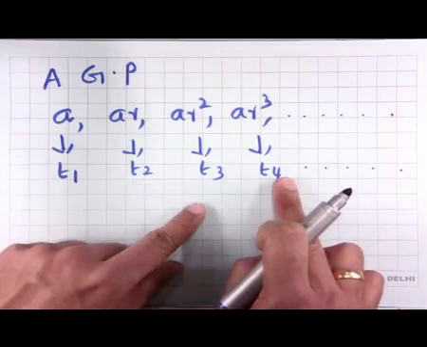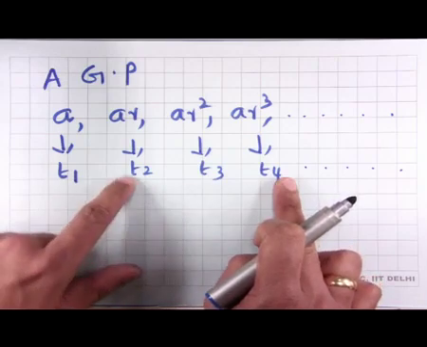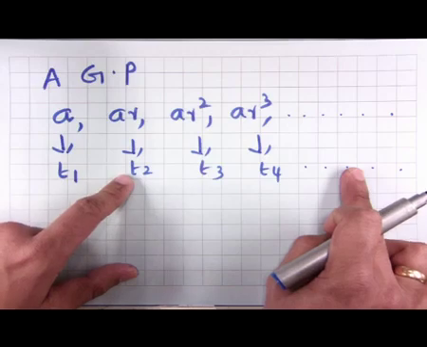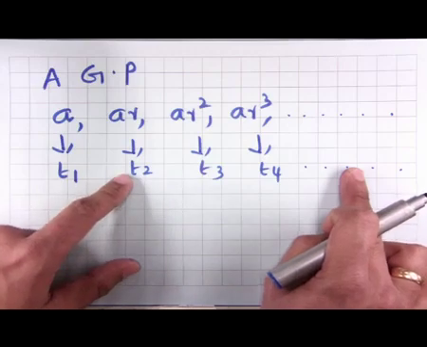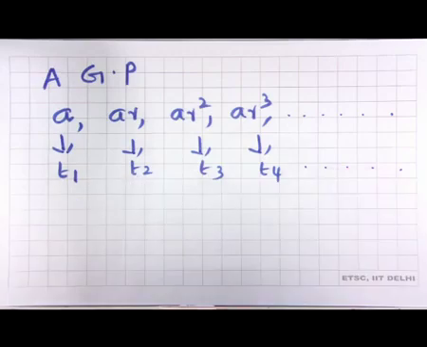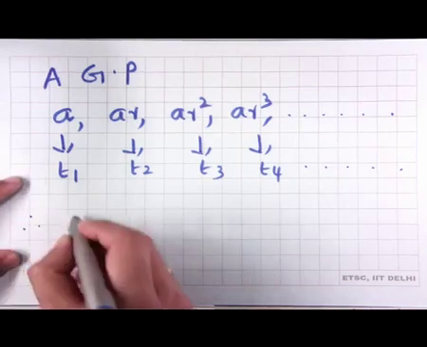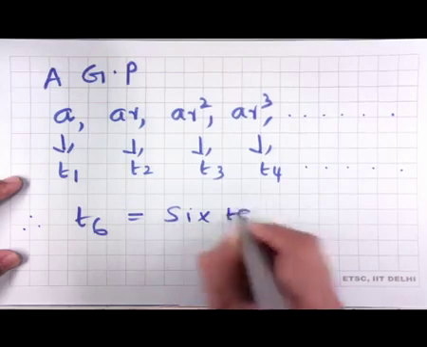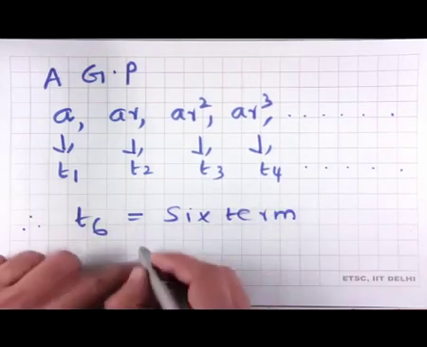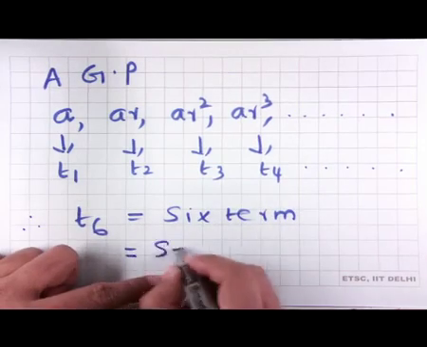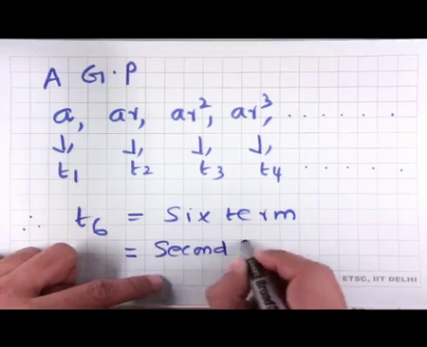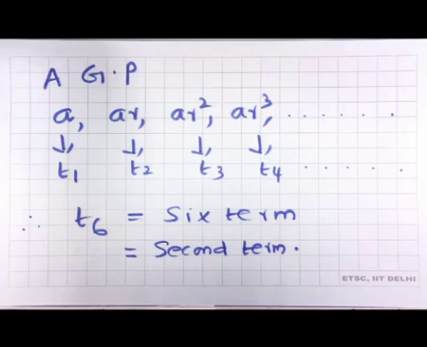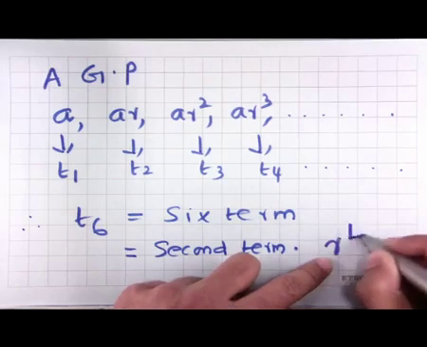Fourth term is R square times the second term. Fifth term will be R cube times the second term and so on. Therefore, T6, the sixth term, equals the second term times R power 4.